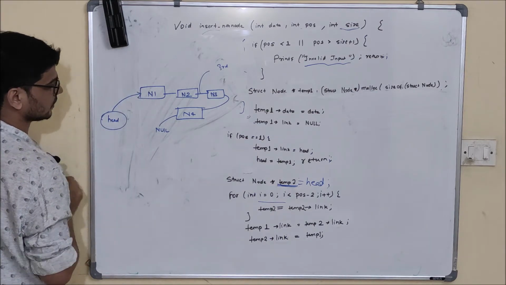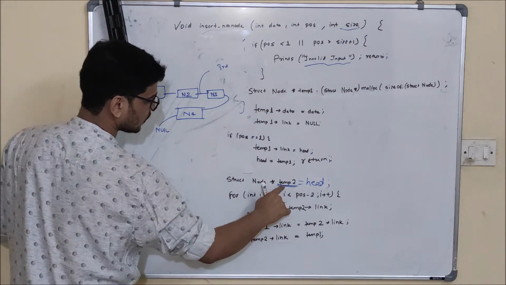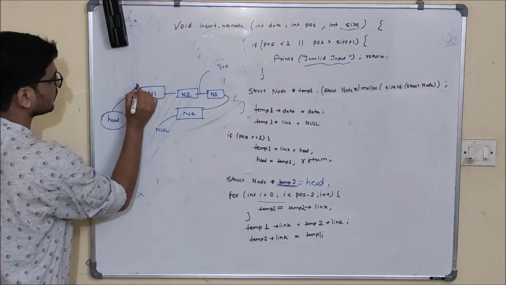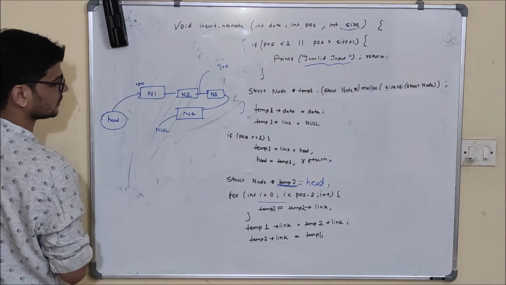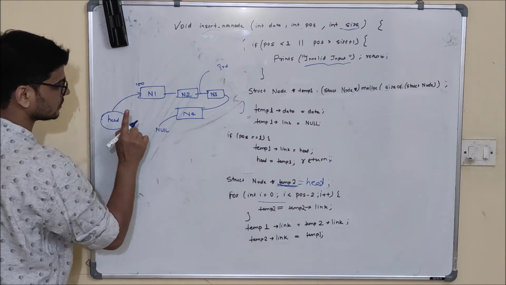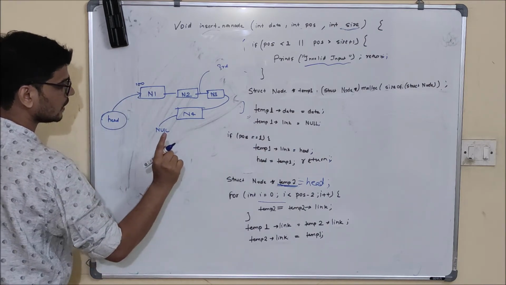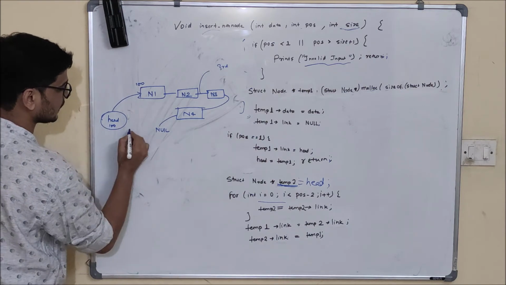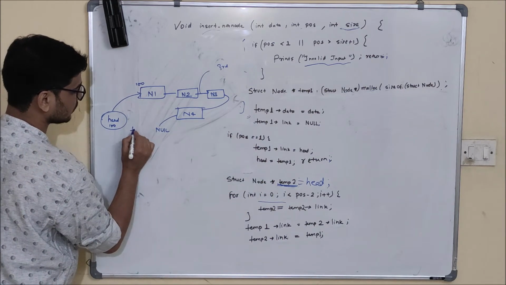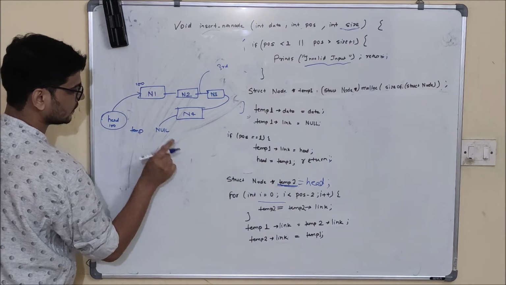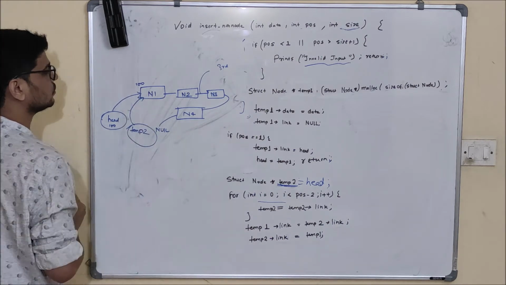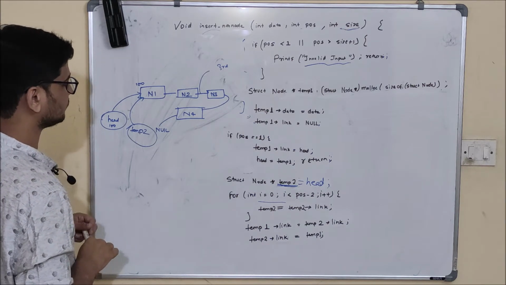Head points to this one, and in this line what we are doing is temp2 equal to head. Suppose the starting address of node 1 is 100, then head will contain 100, and in this line we will put 100 in temp2 so that temp2 will also start to point to n1.